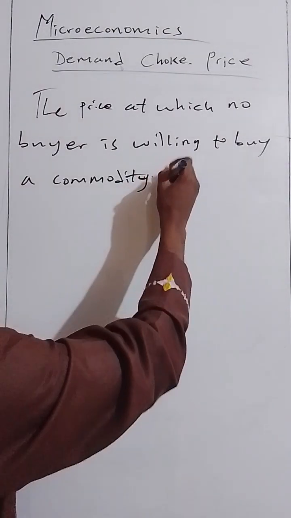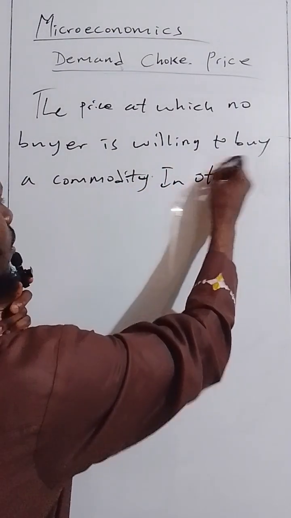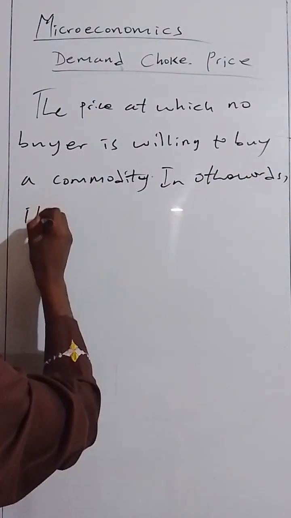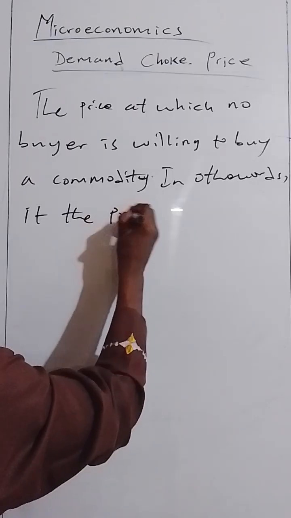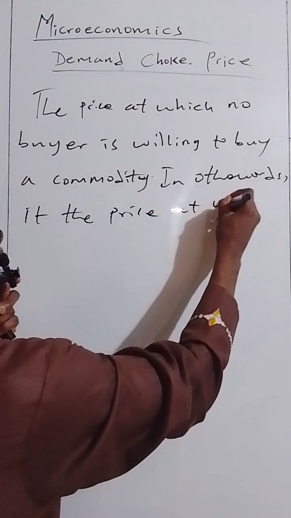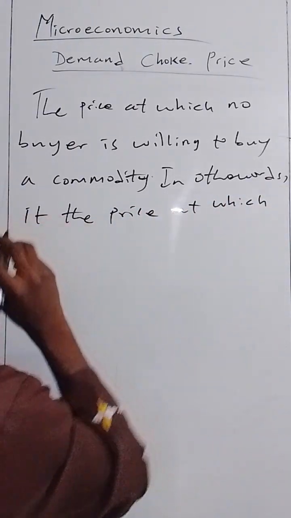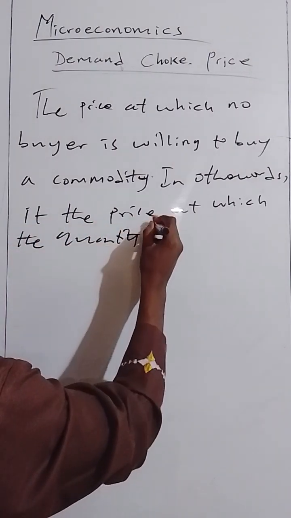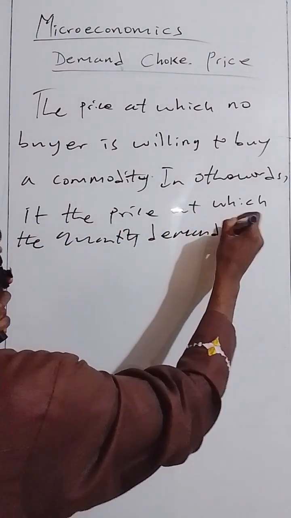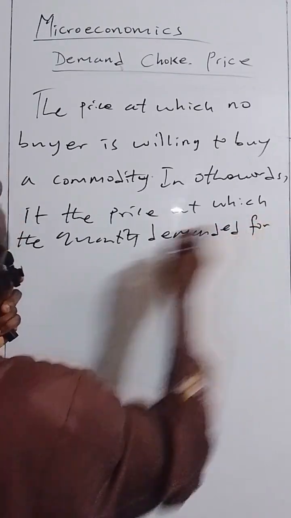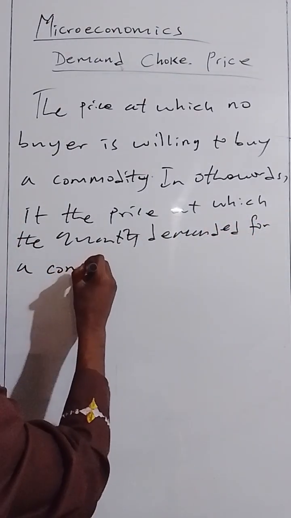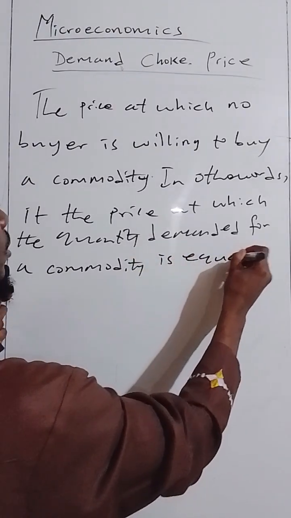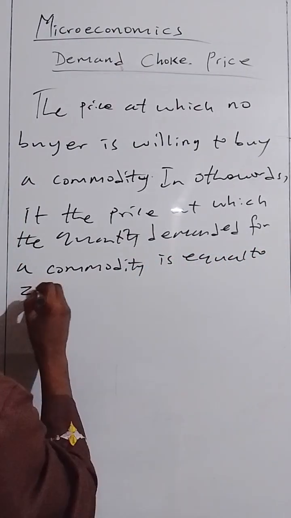In other words, it is the price at which the quantity demanded for a commodity is equal to zero.